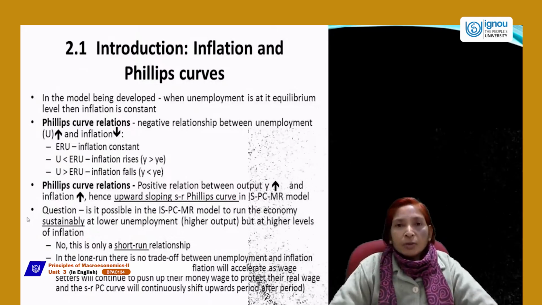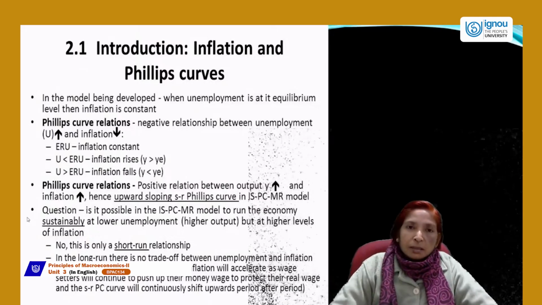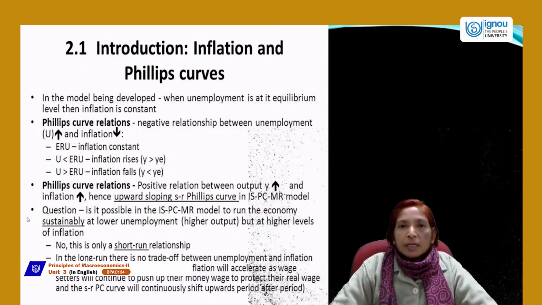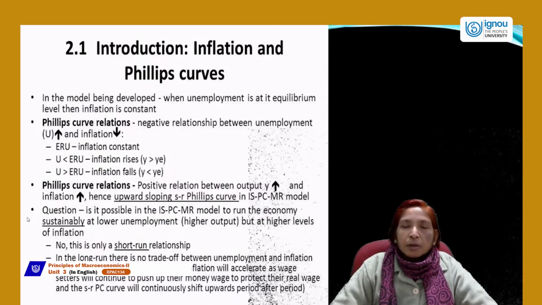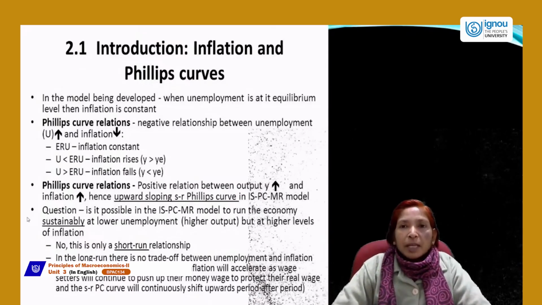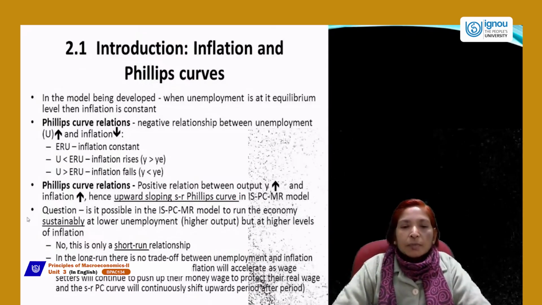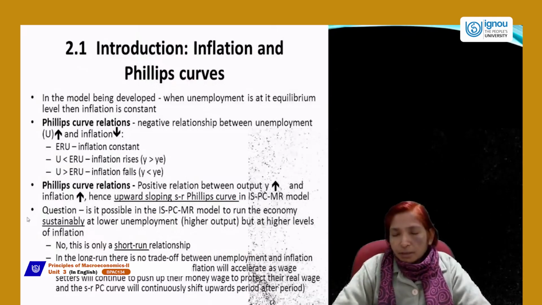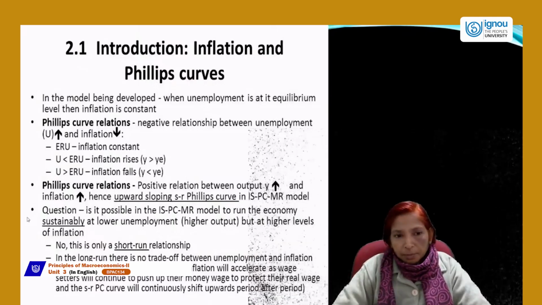If people are willing to do more work, then the supply of labor will rise, and due to the rise in supply of labor, unemployment will be less. So the Phillips curve explains the inverse relationship between inflation and unemployment.